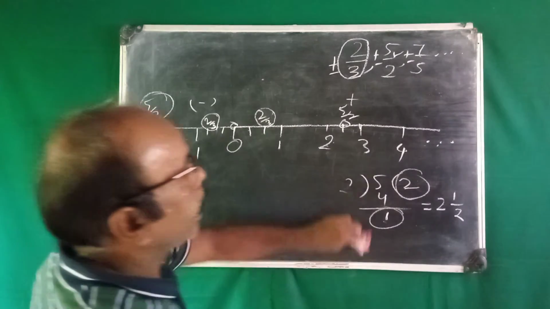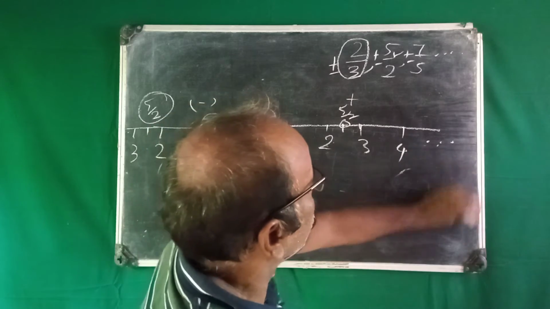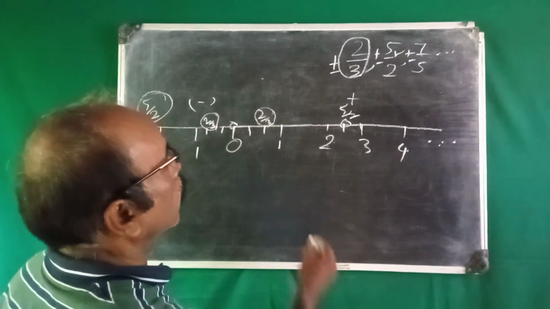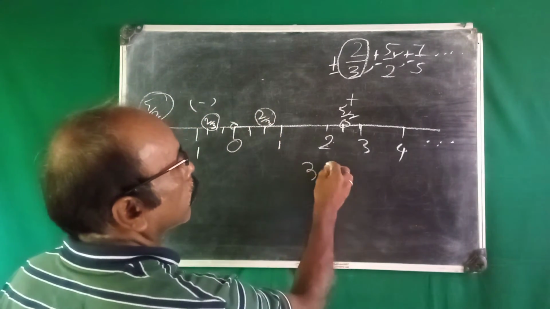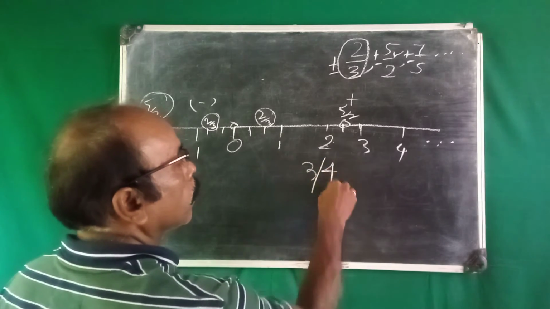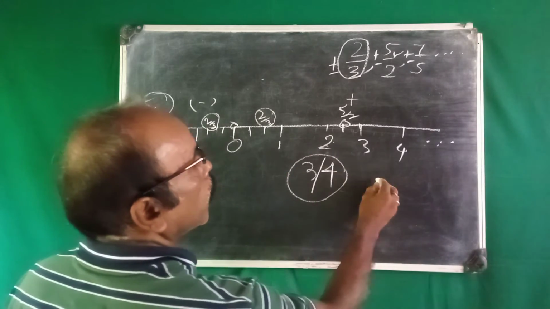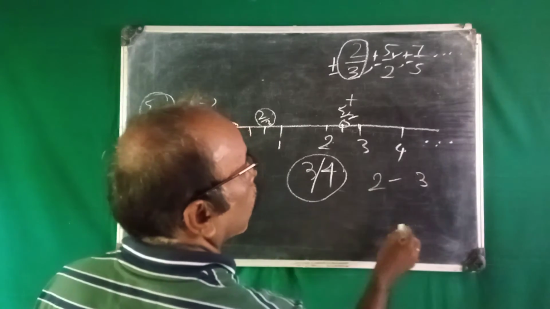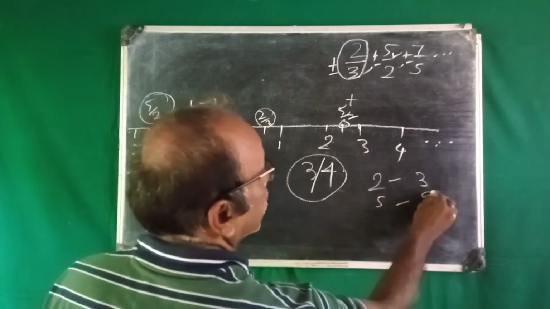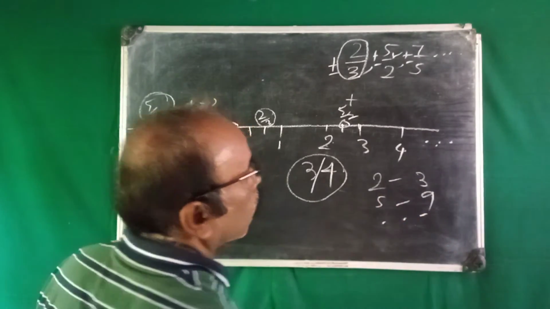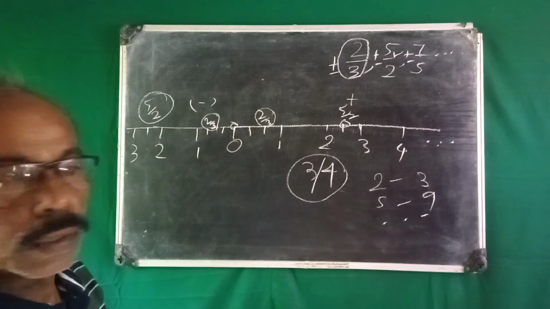But when the question is asked, for example, put 3 or 4 rational numbers between 2 and 3, or 5 and 9, etc., what can I do?